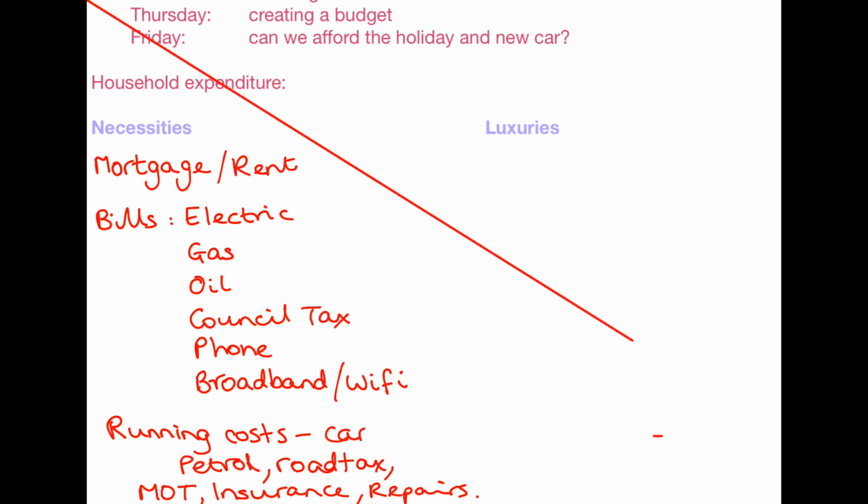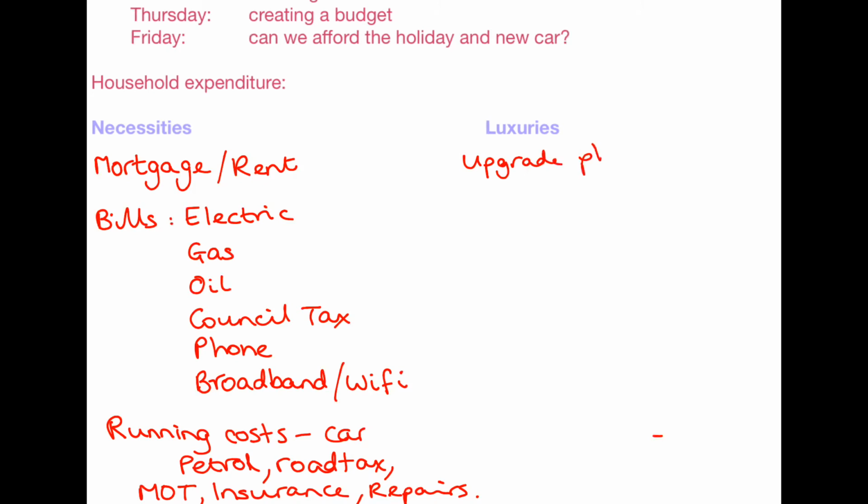Luxuries would perhaps be upgrading your phone and paying more than you need to for it. Luxuries would probably be gadgets, whether that's tech gadgets like phones and tablets and games consoles, or gadgets for the kitchen or gadgets for the garage or whatever.